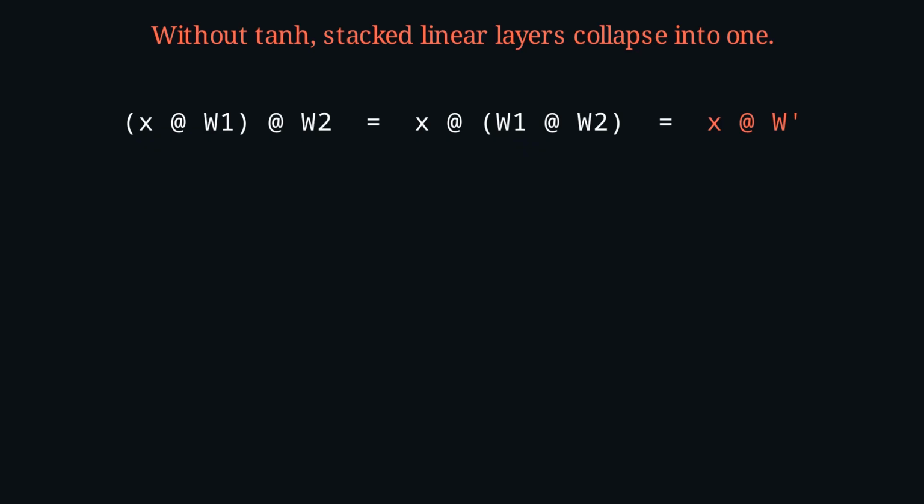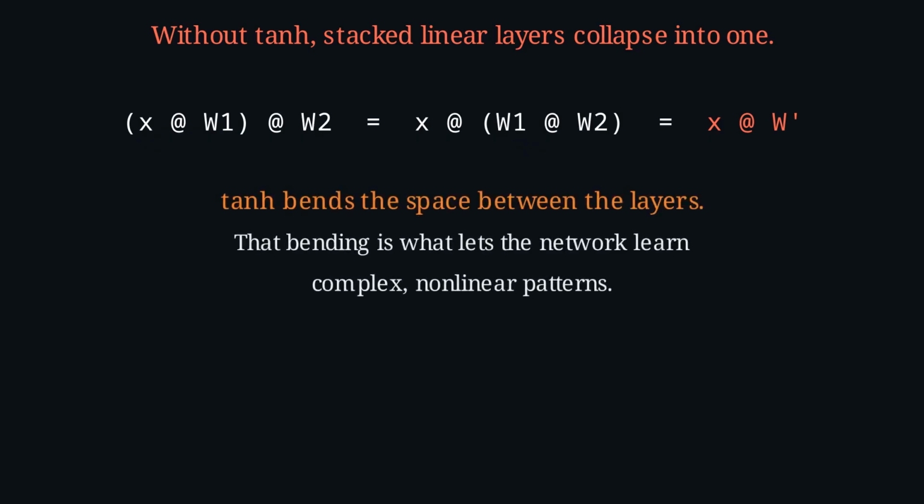No matter how many linear layers you stack, you get back something linear, no more powerful than the bigram model. The tanh is what breaks that collapse. By bending the space between the layers, it makes the network genuinely nonlinear. And that is what gives it the power to learn complex patterns that a simple linear model never could.